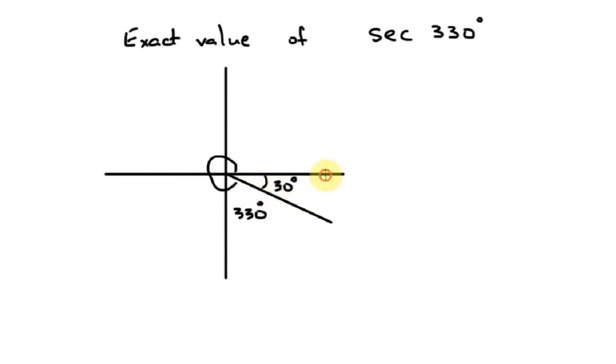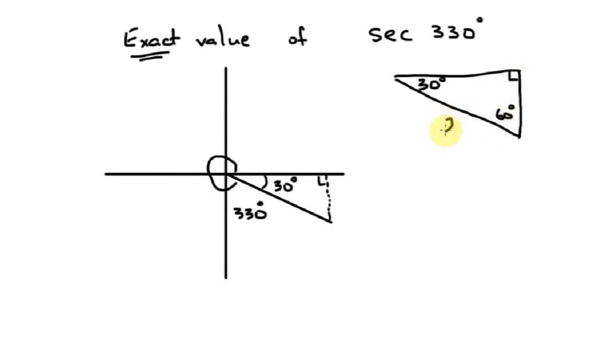And if I think of this little triangle here, that looks like one of my special triangles. And of course, when I read the word exact, I knew I was dealing with a special triangle. So let's just draw the special triangle. I'm going to orient it the same way as it is down here. So we've got 30, 60, and 90.